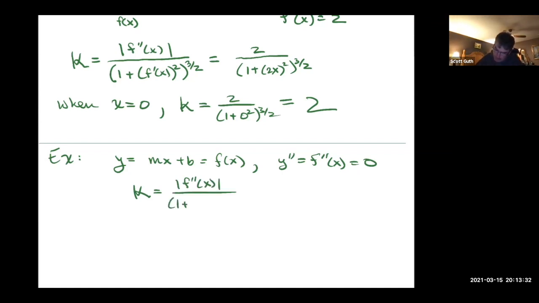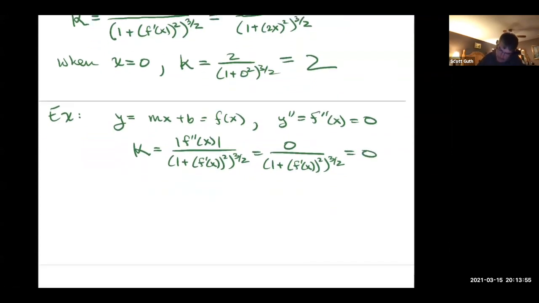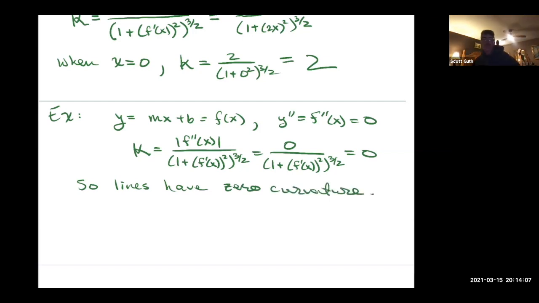So lines have 0 curvature. Okay, any questions?